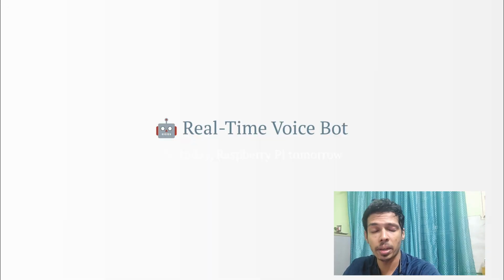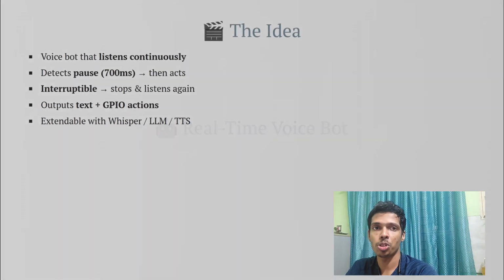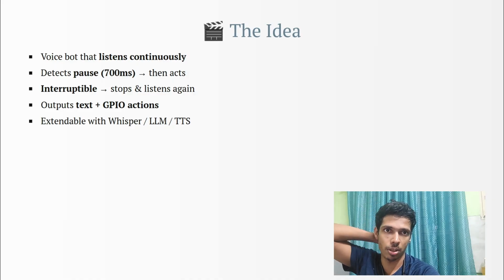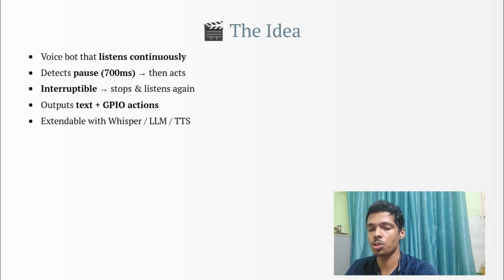The basic idea here is to create a voice bot that actively listens to whatever you are speaking and detects a pause, and the pause is used to identify the command, or the completion of the sentence, and take the action based on the voice command that you have given. It can be interruptible as well: when you say the command and pause, it starts doing the action, you can talk again, and the bot is listening to that and takes action based on that.